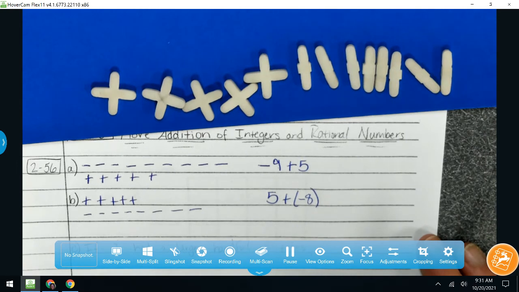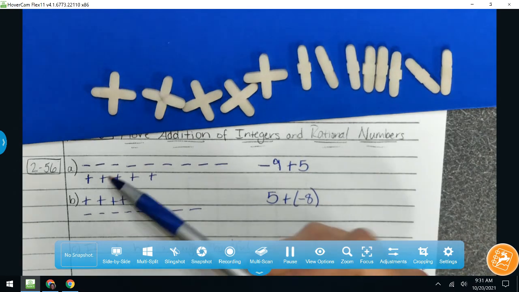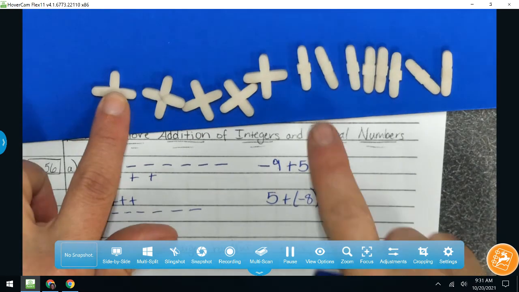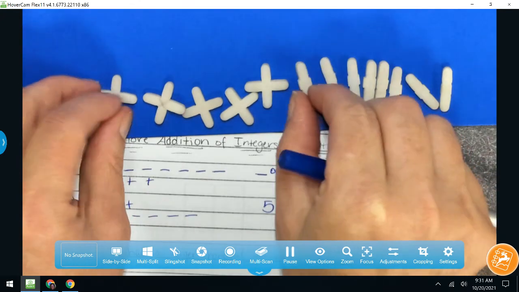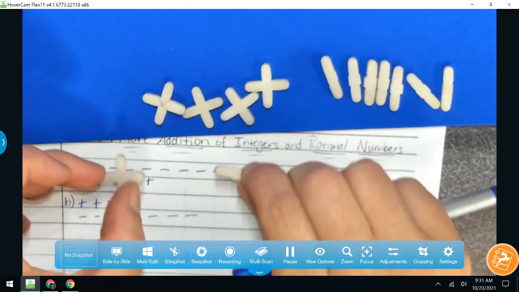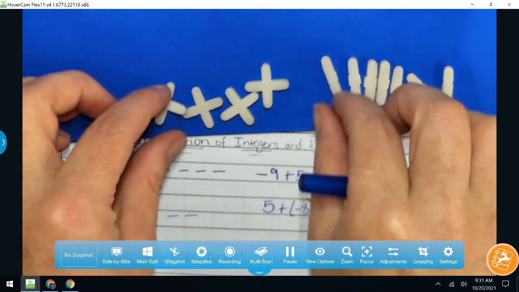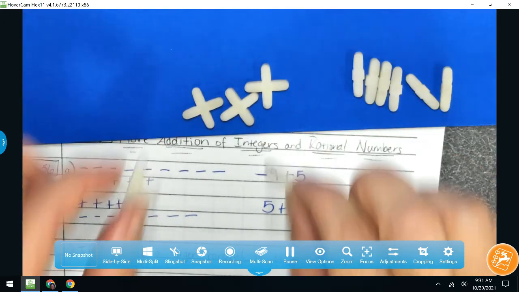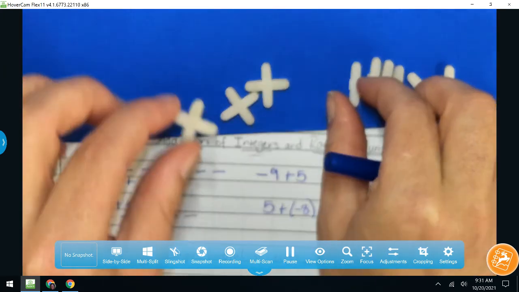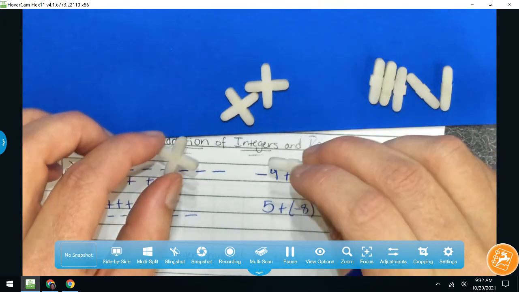But what I can do to show what the value is: if I have a +1 and a -1 like this, I can put a +1 and a -1 to make a 0 pair. So I can remove that one. A positive 1 and a negative 1 make a 0 pair.